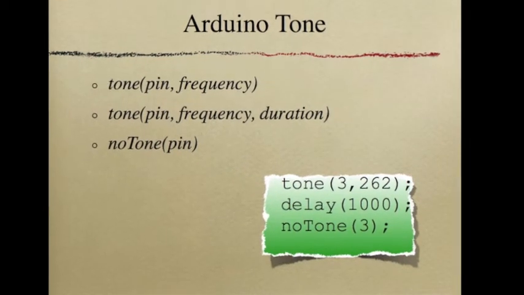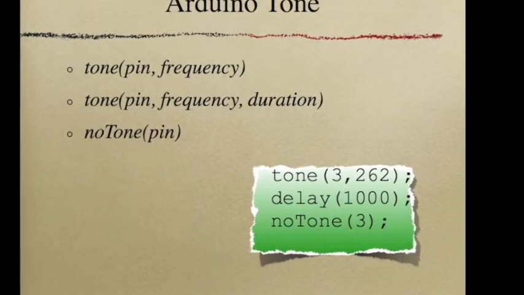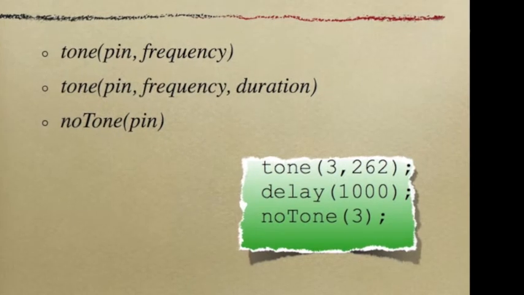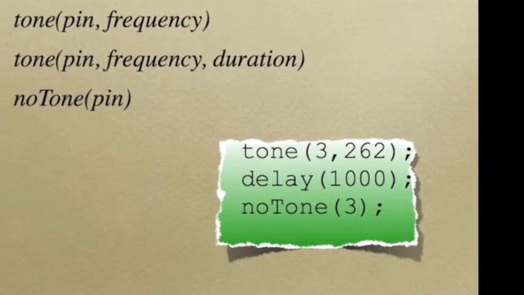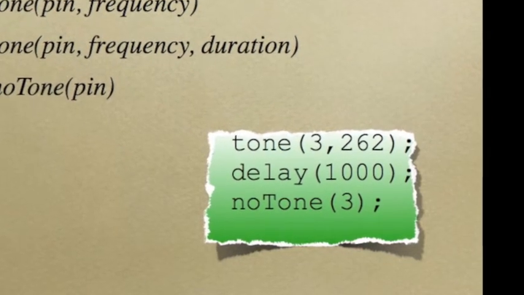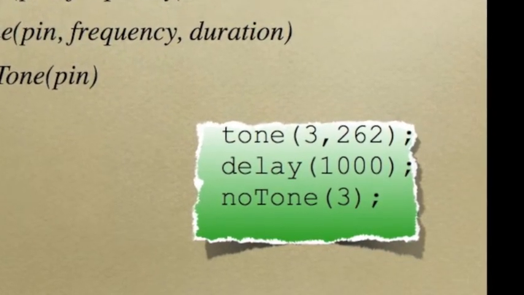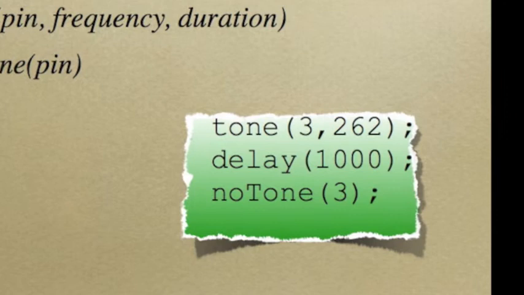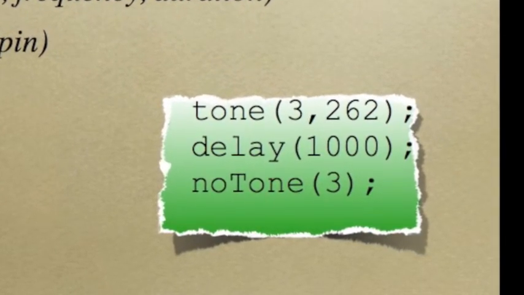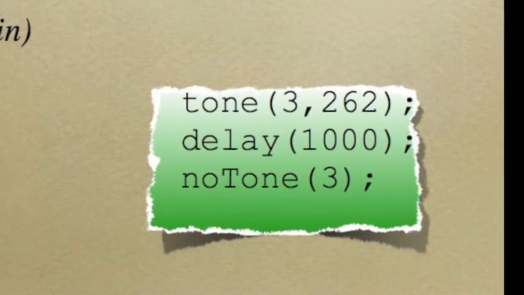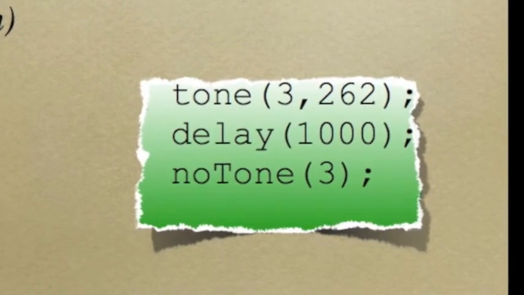For example, if I want pin number 3 to output the frequency 262, I just say tone with arguments 3 and 262. To keep it on for 1 second, I add the delay 1000. Once I want to stop, I just say no tone. Anyway, that's the concept for today's lab. Let's see the demonstration.